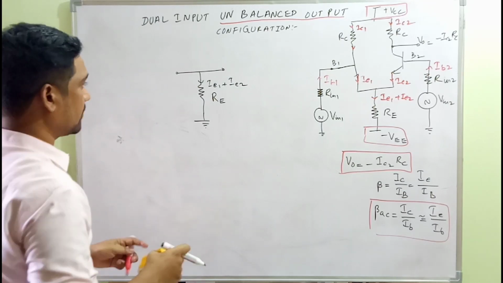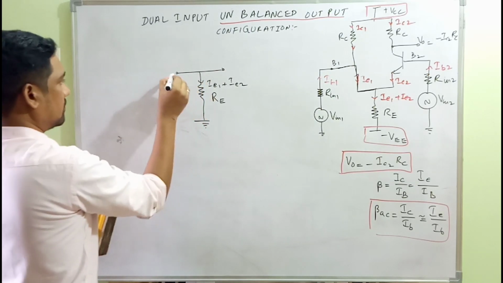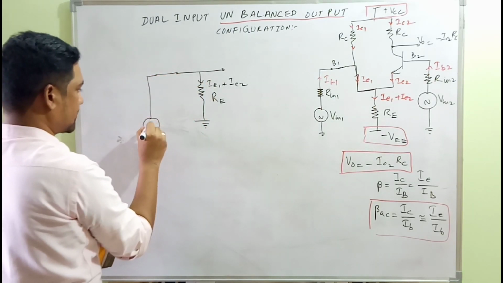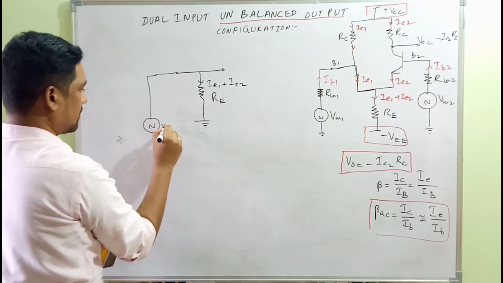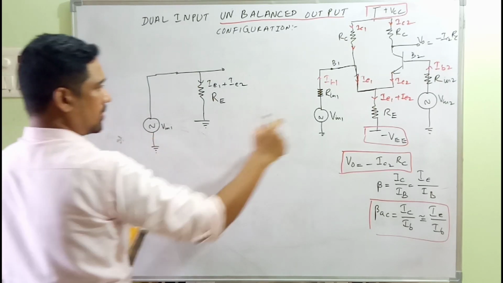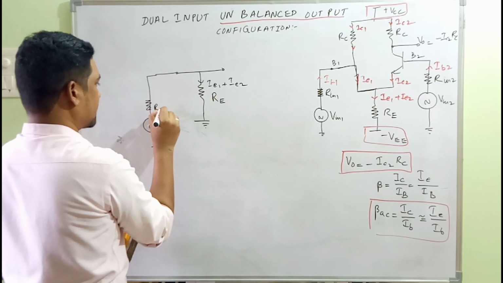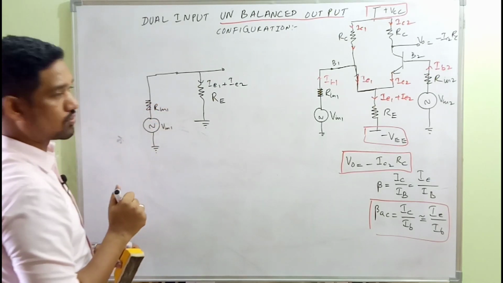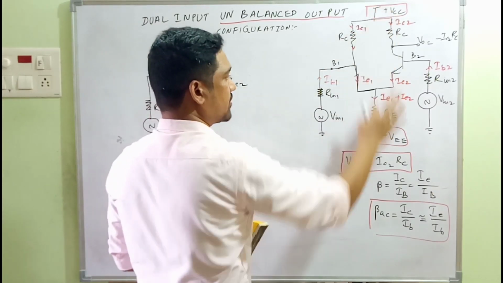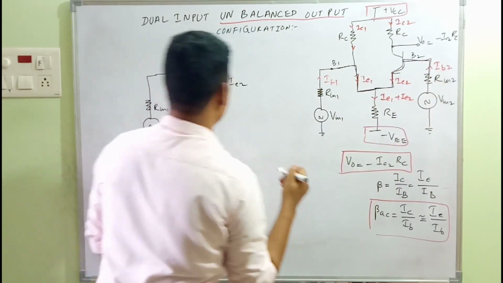Is that clear? And on either side, come back to this one. So projecting that, we have the source V in 1 grounded over here, and the internal resistance cannot be neglected. We have to show the internal resistance of the supply source. And on the other hand, it's symmetrical, so on the other side we have to show this also.